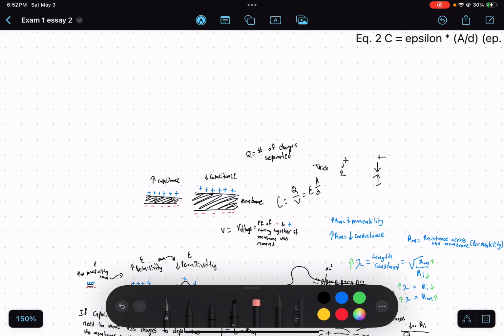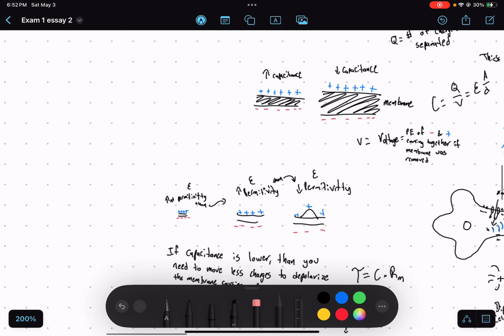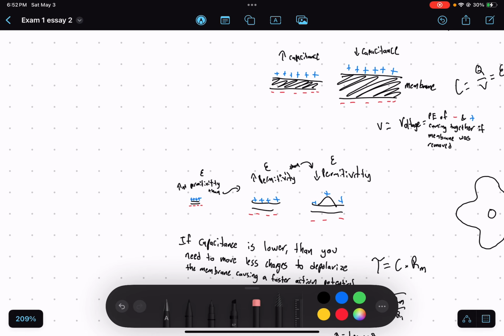And so we see here, we talked a little bit about the permittivity, in which your permittivity is going to increase with the smaller axons and decrease. This one's slightly less permittivity than this one.